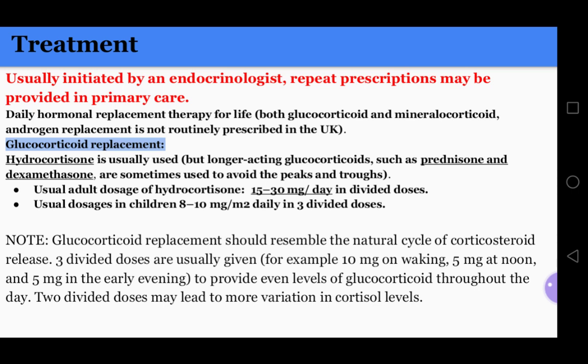So 3 divided doses are usually given: 10 milligram on waking, 5 milligram at noon, and 5 milligram in the early evening. This is to provide even levels of glucocorticoids throughout the day. 2 divided doses may lead to more variation in cortisol levels.